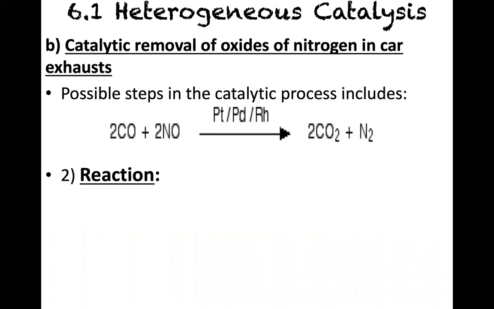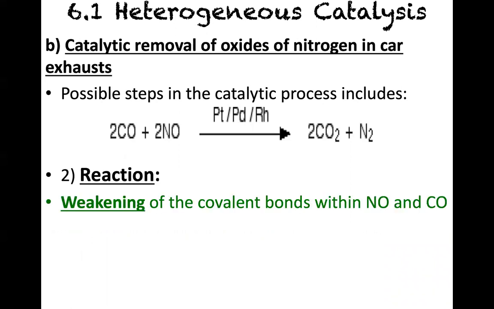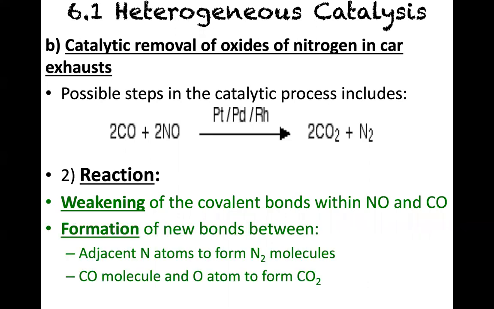Okay, next one is reaction. This is where the reaction is happening. So you first break the bonds between the carbon and the oxygen so that you have carbon atoms and oxygen atoms. And you also break the bond between the nitrogen and the oxygen so that you will have nitrogen atoms and oxygen atoms. And during this process is also where you form new bonds.